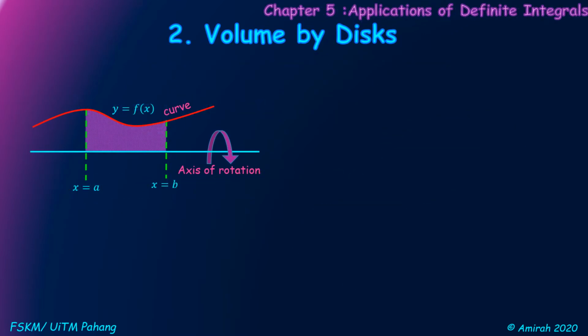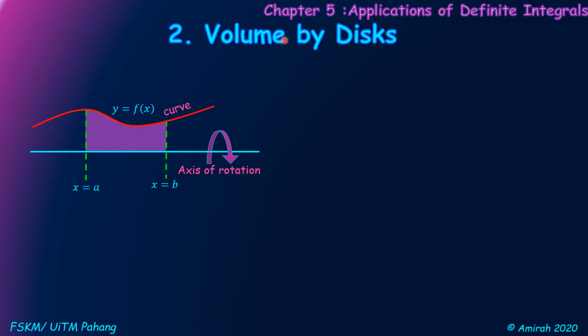In the previous video, we discussed the first topic under application of definite integrals, which is area between curves. Now we continue with the second topic, which is volume by disc. In this section, we will start looking at the volume of a solid of revolution.